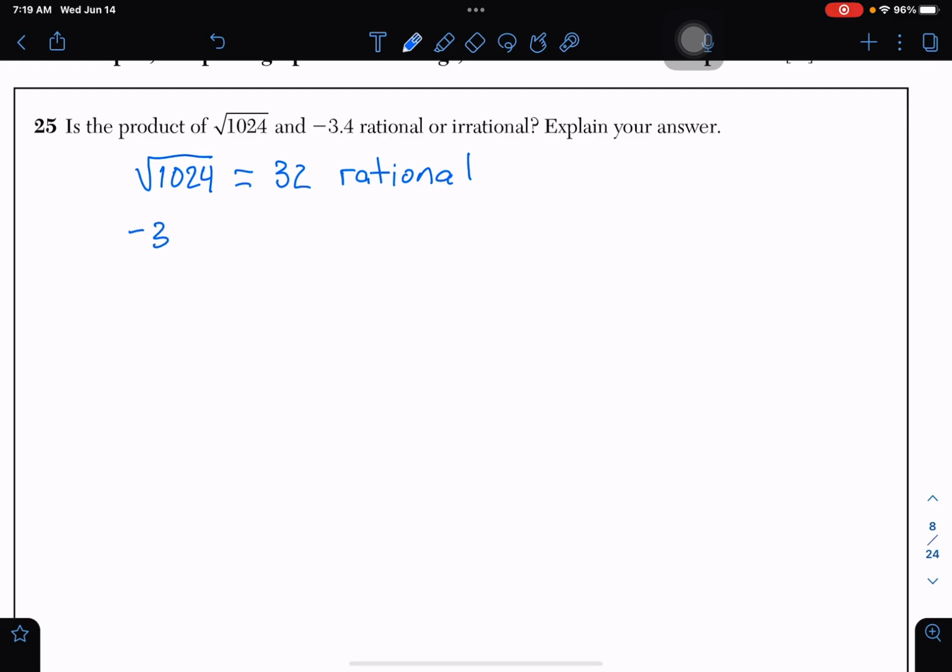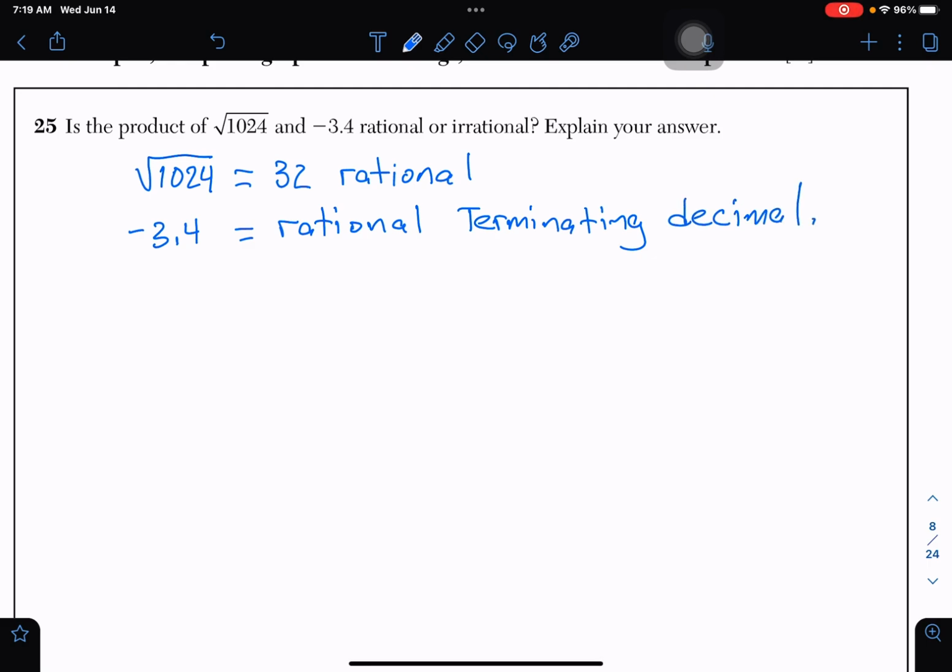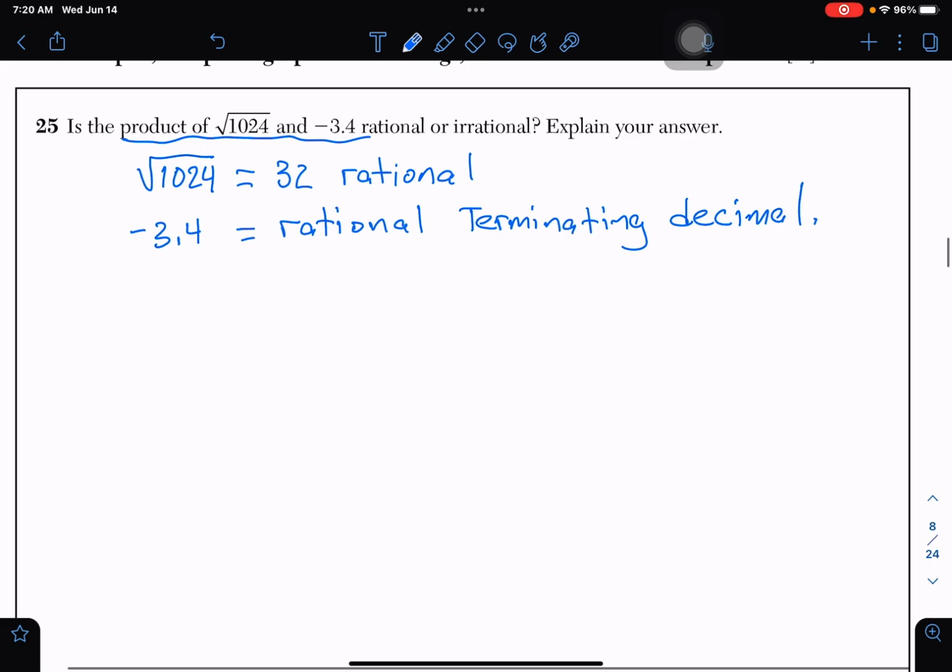And negative 3.4 is a rational number, right, because it's a terminating decimal. Okay, and then you have to say the product of those two numbers is going to be rational. So we can say the product is rational.